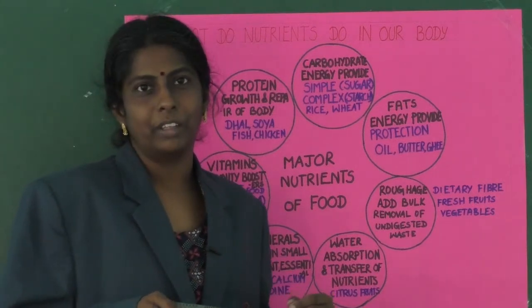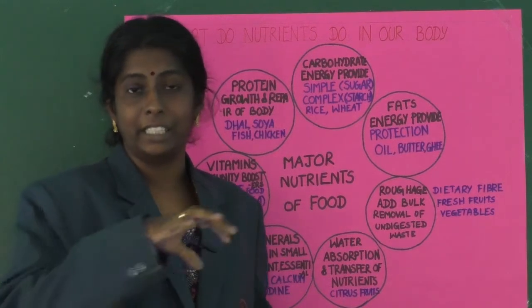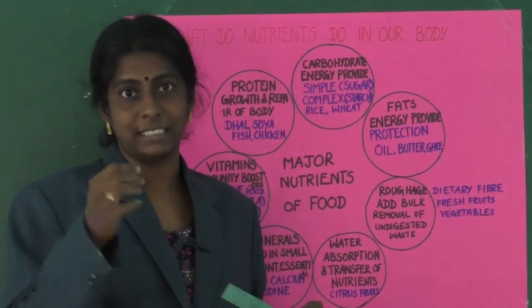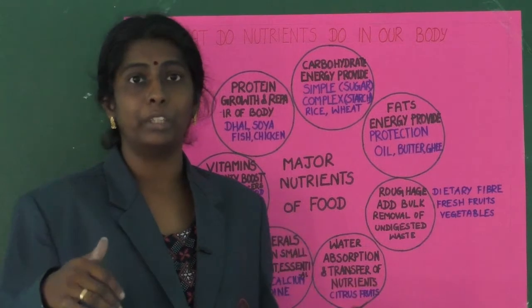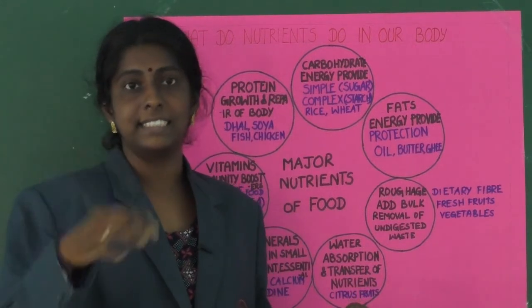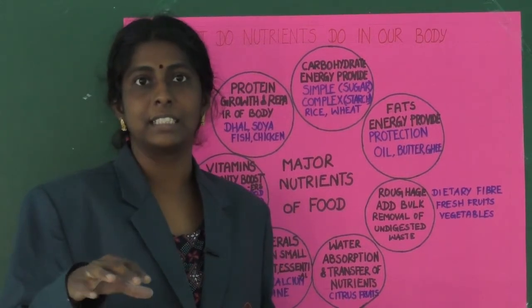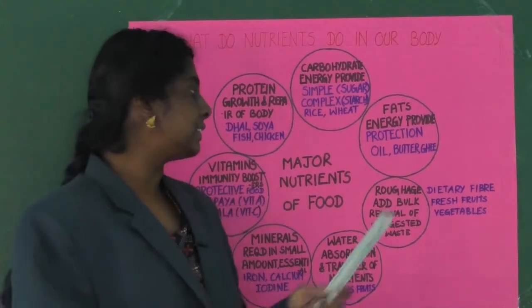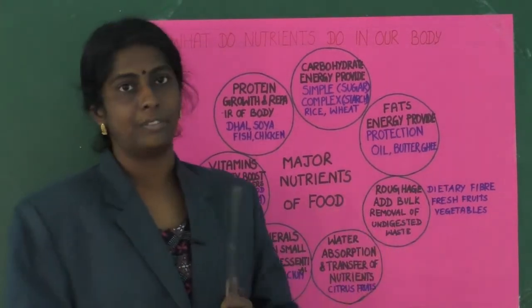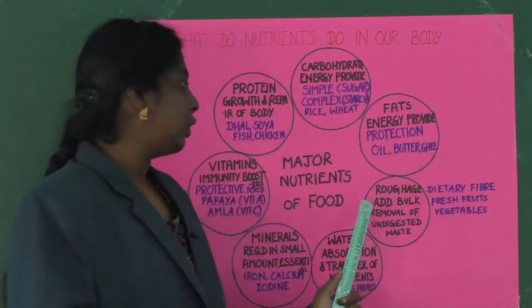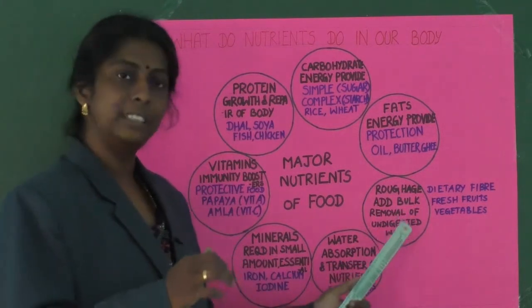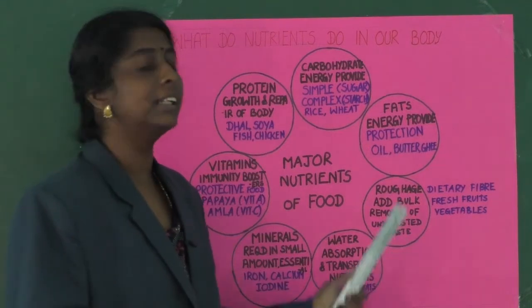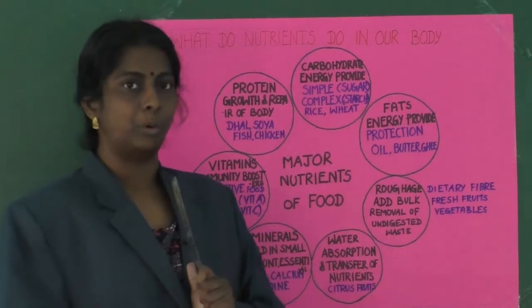It will clean the vessel and remove all the waste which is present in the vessel, is it not? Likewise, in your entire body, to clean the undigested, unwanted materials, that will be removed using this roughage or dietary fiber. Clear? So it helps for removal of undigested waste. To clean your body, this roughage is very important here.